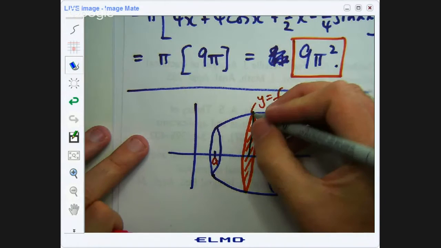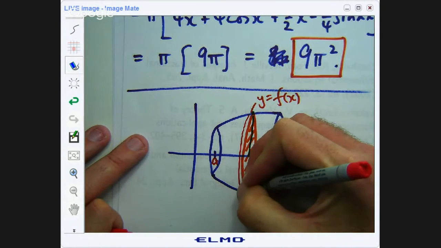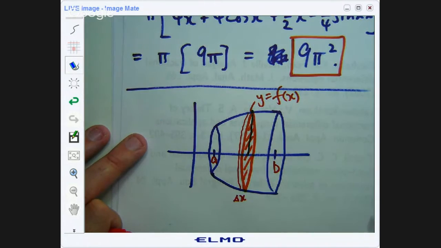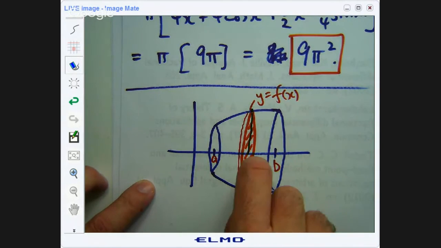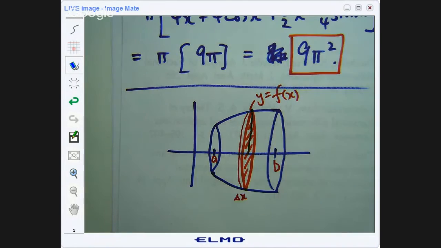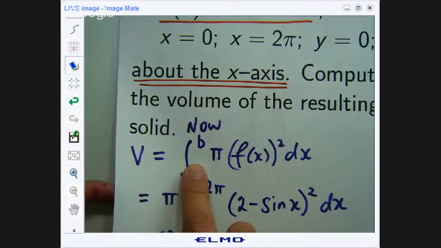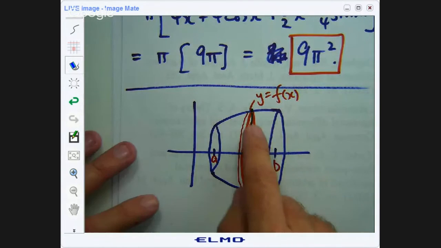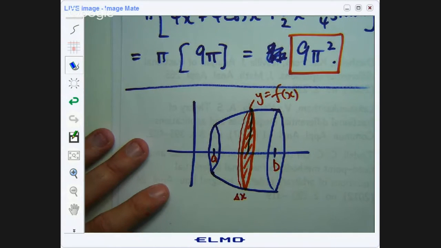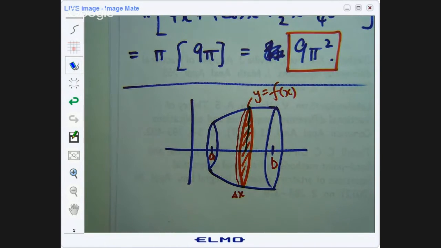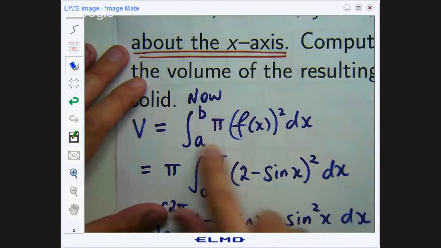What you do is compute little disks by slicing this whole thing up, computing each disk, and then adding up all the volumes of the little disks. That's where you get your integral sign from. So the way I look at this, the cross-sectional shapes are circles, and you just use the formula for the area of a circle and sum up to get your integral formula. So that's a really brief snapshot of where this formula comes from.